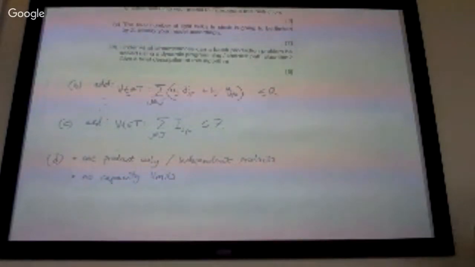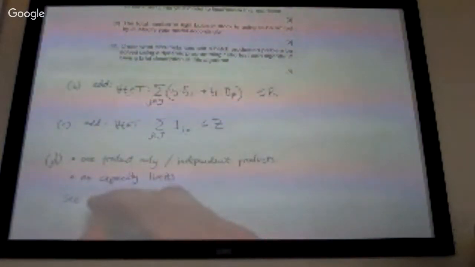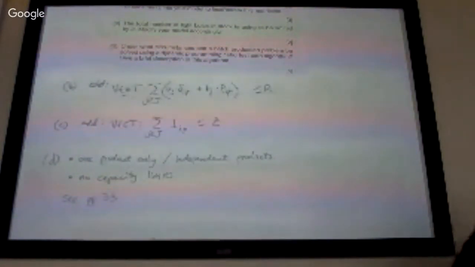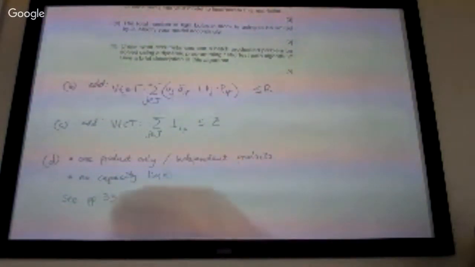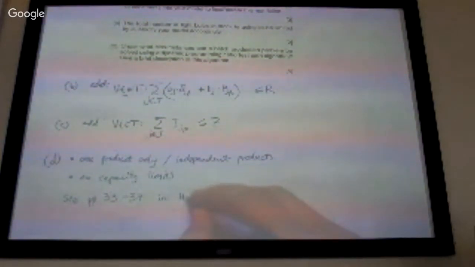So one way to describe it is, it starts on page 33, 37. In first booklet we have mathematical models.